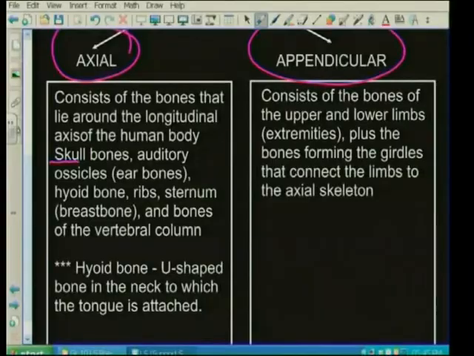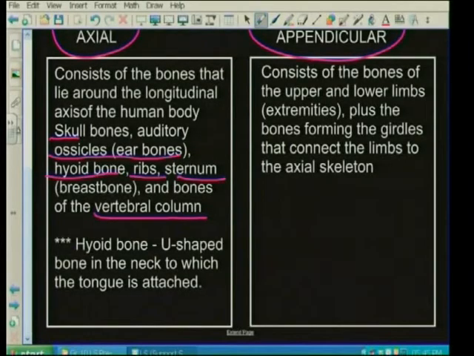Starting with the skull, with the skull will go the ossicles, the ear bones, the hyoid bone, the ribs, the sternum or breastbone, and the vertebral column. These are the bones that make up the axial skeleton. Just by the way, the hyoid bone is a U-shaped bone which is at the back of the neck, to which the tongue is attached. It's a small, tiny bone to which the tongue is attached.